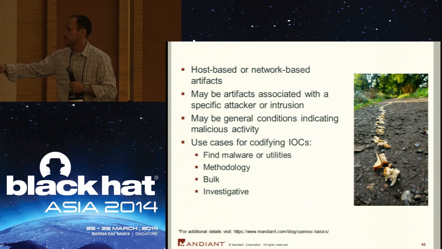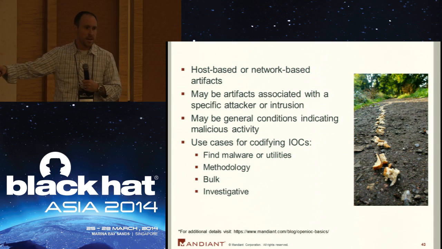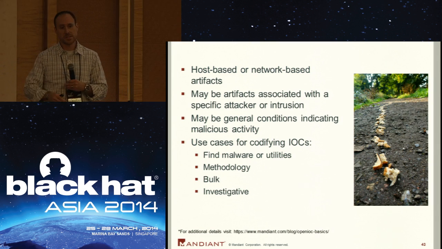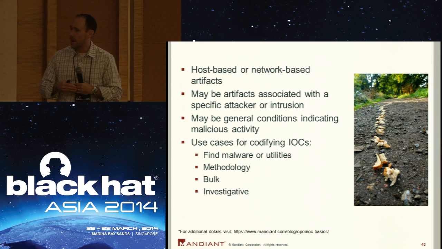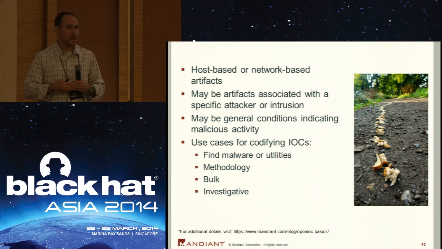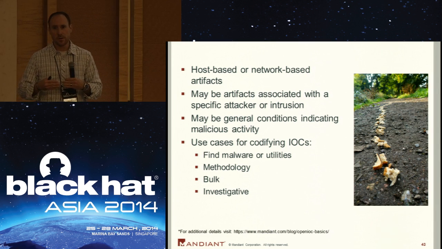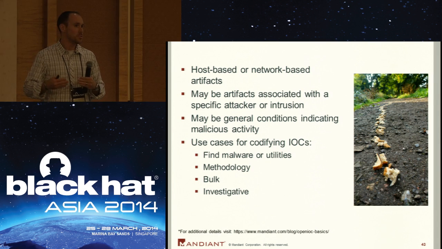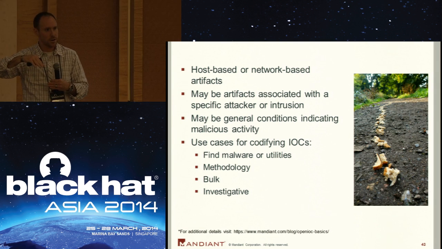So there's a couple of different ways you can think about an indicator. An indicator could be something that's very specific to a tool or to a particular intrusion, or it may be something that's general. So it may be general badness, like if you've ever messed around with the Autoruns tool from Sysinternals, all of the run keys and the other places in the registry where programs can autostart.